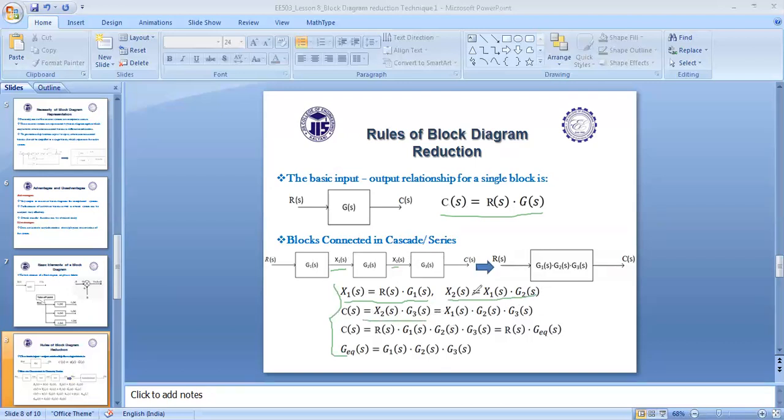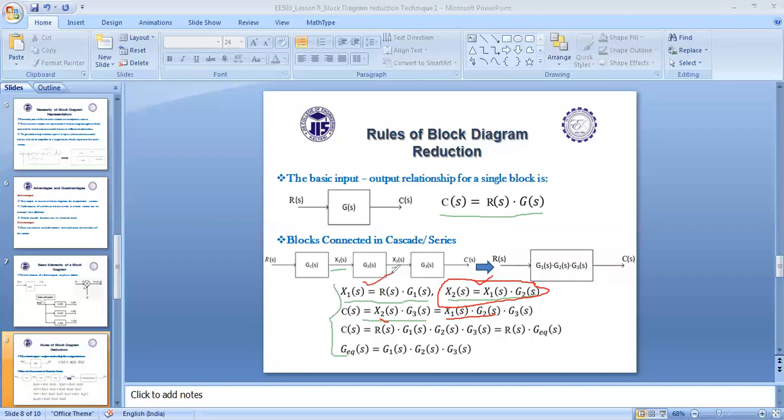Now, by substituting X2 in terms of X1, what can we write? This X2 is substituted by X1 into G2, based on this equation. So we'll get C(s) equals X1 into G2 into G3.